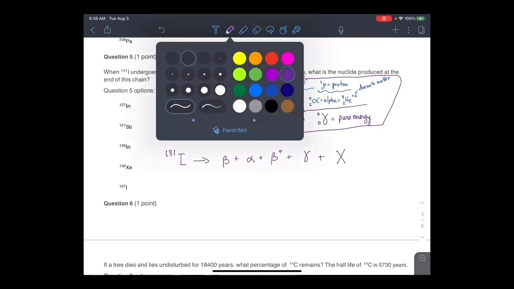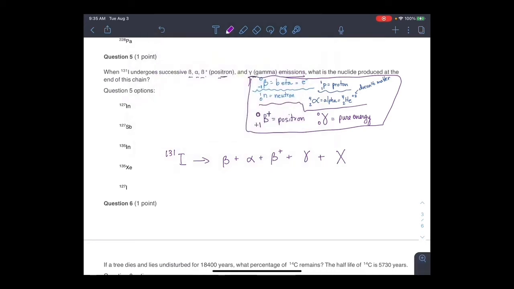So let's write our numbers. So this is a 0 and a -1, 4 and a 2, 0 and a +1, 0 and a 0, and the X is what I'm trying to find. We'll need to go up to the periodic table and look up iodine and figure out what its atomic number is. So I'm going to scroll on up.